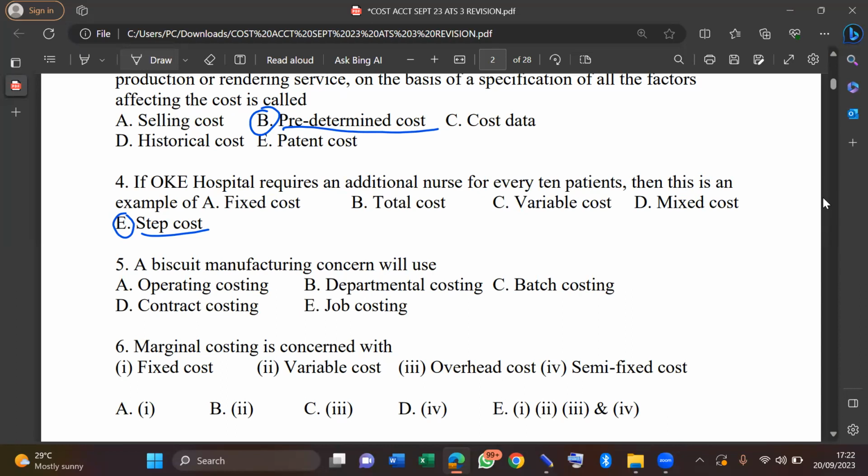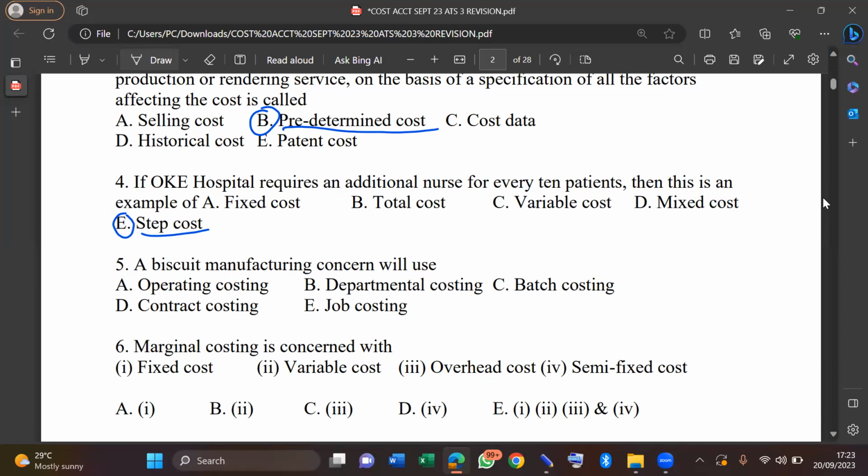That is a mixed cost. While fixed cost is a cost that remains constant irrespective of the level of activity. No matter what happens, it will never change. And the variable changes as the activities also change. That is that. Let's go to the next one.